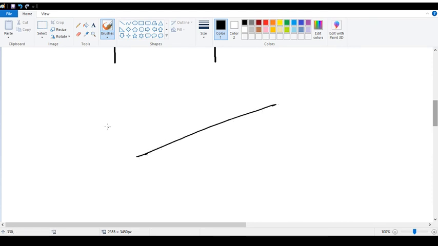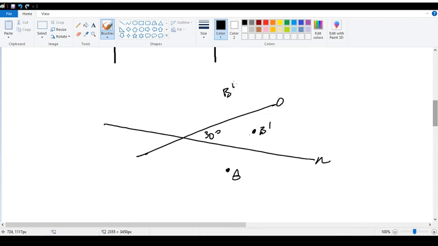Let's say I have an angle that is 30 degrees here, and I have a point here. Let's call it B. If I reflect over this line, let's call this line N and this one O. If I reflect B over line N, this becomes B prime. And then if I reflect that once again over line O, this becomes B double prime.